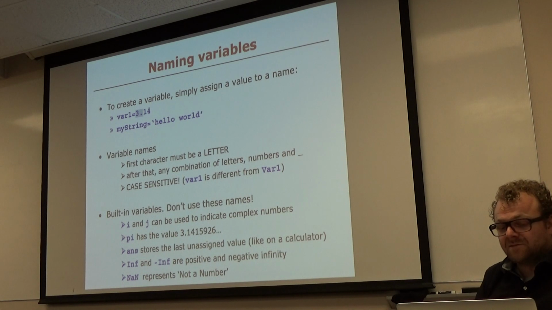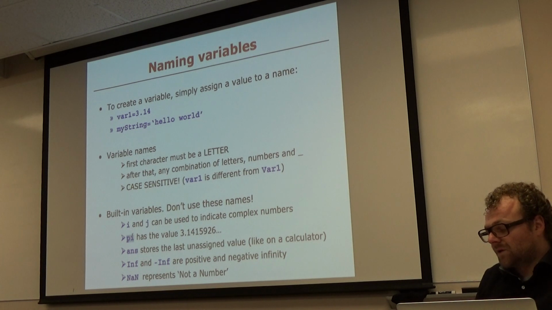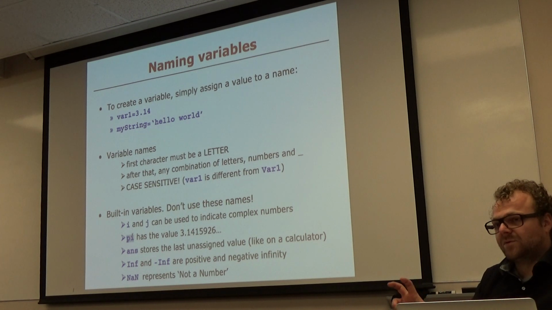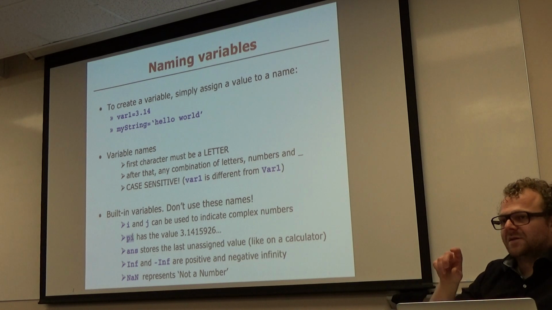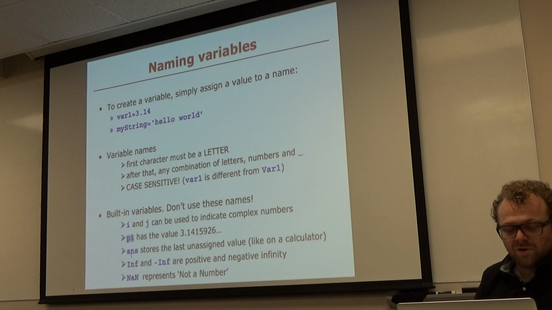But there are variables like pi and i, so i is used often for an index. Pi is like a system variable. That's not a function like rand. It's actually the number pi if you want to use that. Ans is the latest thing that you did.